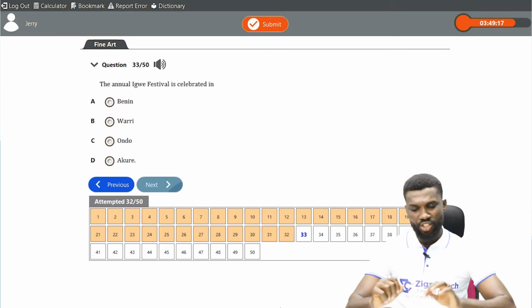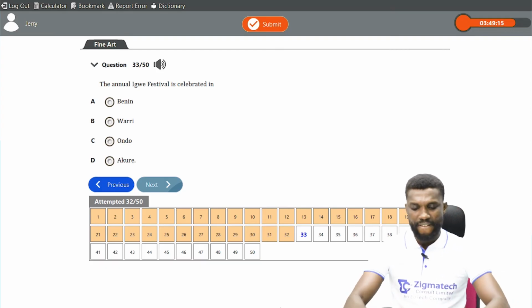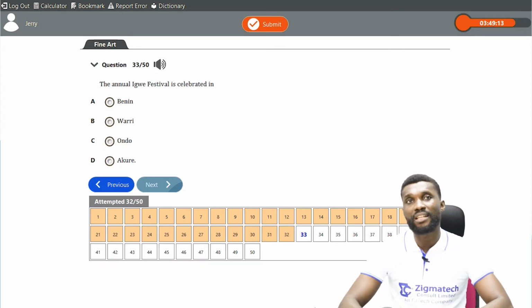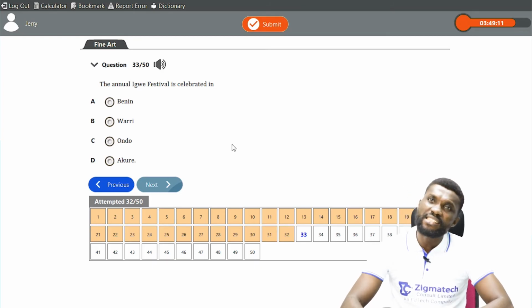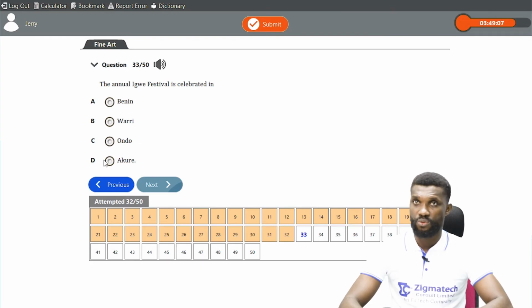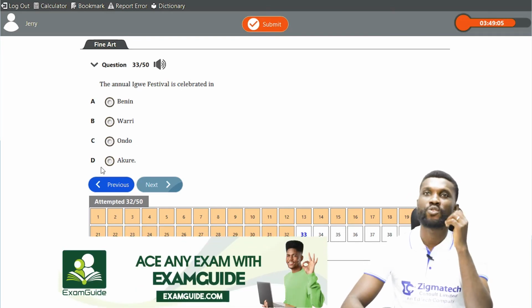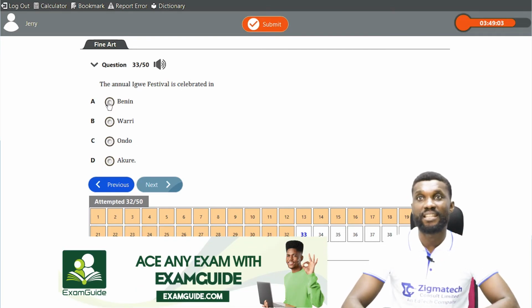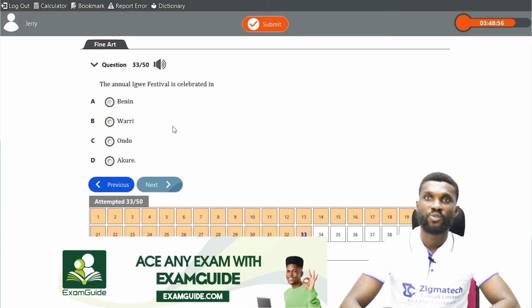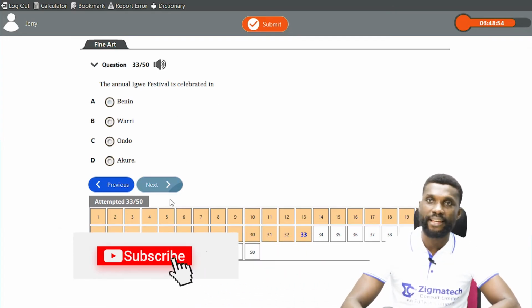So where do you think the annual festival started from? Is it Benin City? Is it in Warri? Is it in Ondo? Or is it in Akure? The answer is Benin. That's where the Igue Festival is celebrated. So the answer for this question is A.